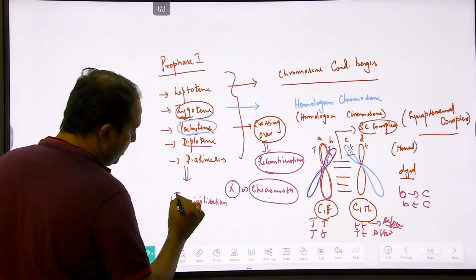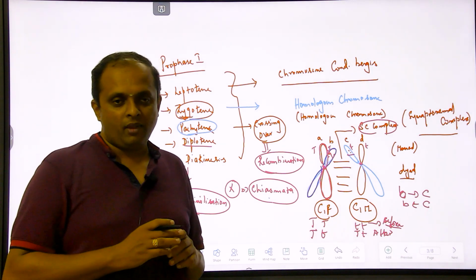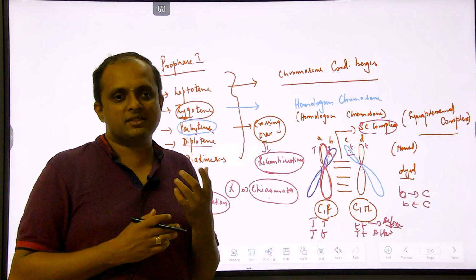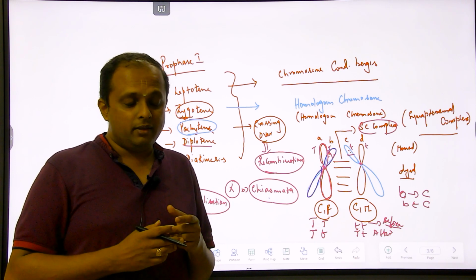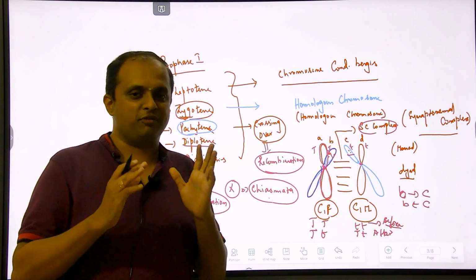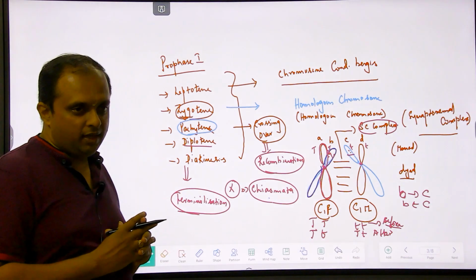So this is one step. And second thing is the nuclear membrane disappears, the nucleolus disappears. And as you know, the disappearance of the nuclear membrane is going to mark the end of the prophase, right? So this is a short summary of prophase 1.